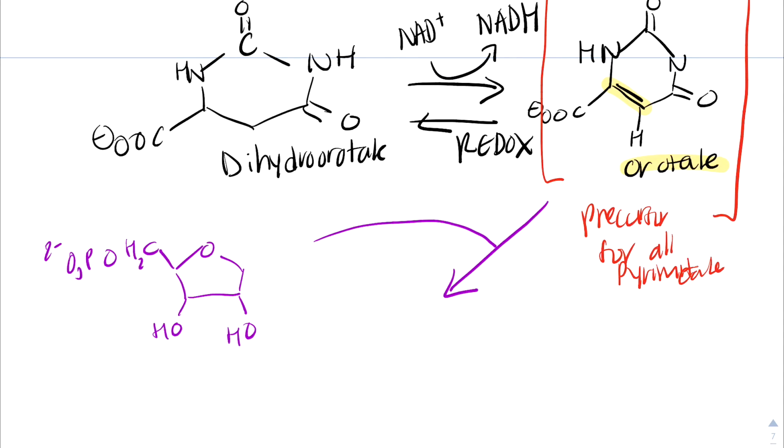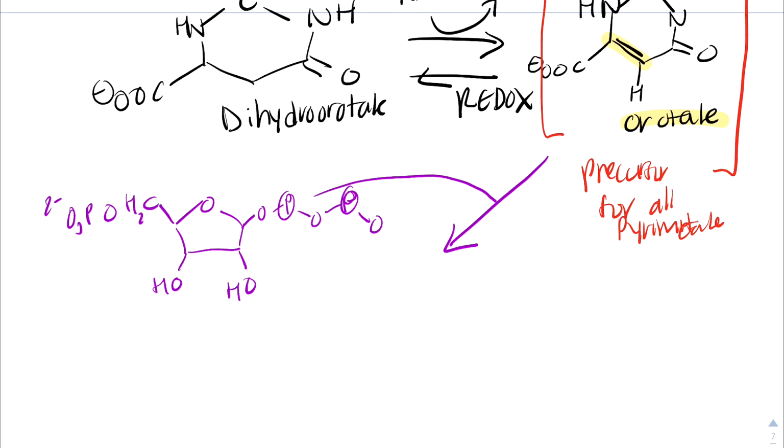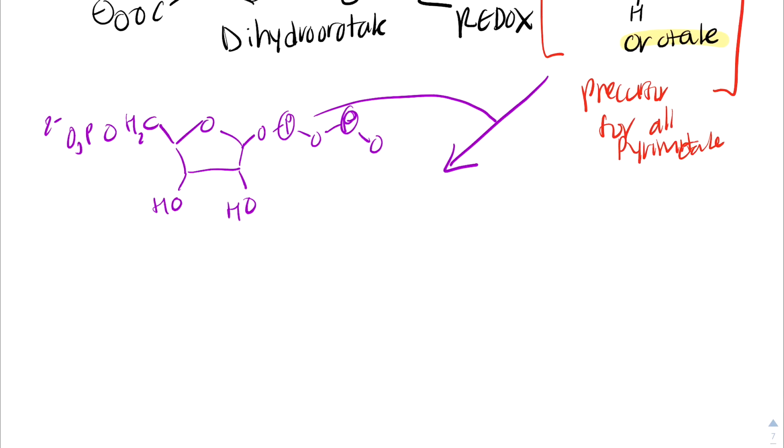And a linkage of phosphate groups. So something like this. So I would add this structure to the orotate, and this is also a reversible step. You would actually lose a pyrophosphate, and that pyrophosphate is coming from these two phosphates, so a pyrophosphate's two phosphates, and you would add the attachment. So you would get something that looks like this.